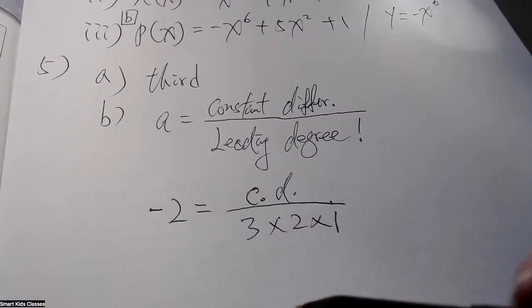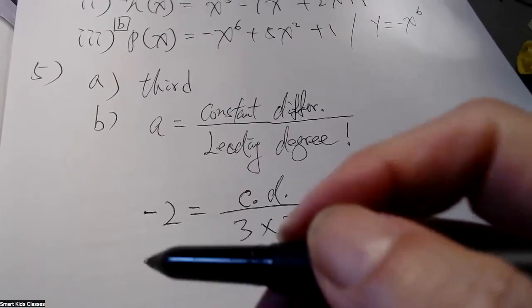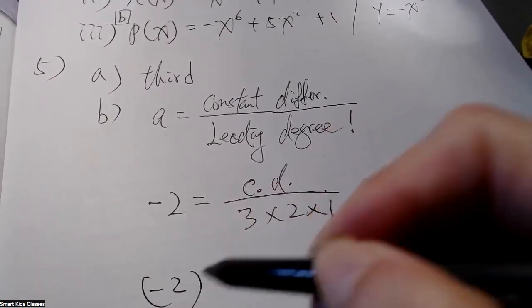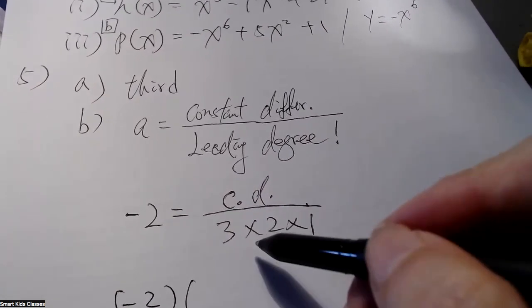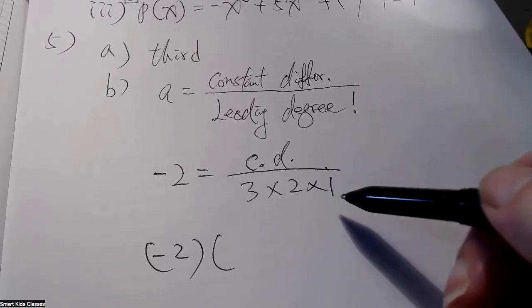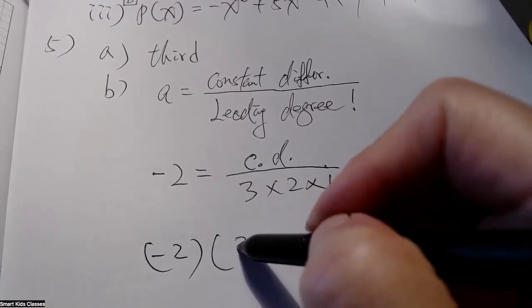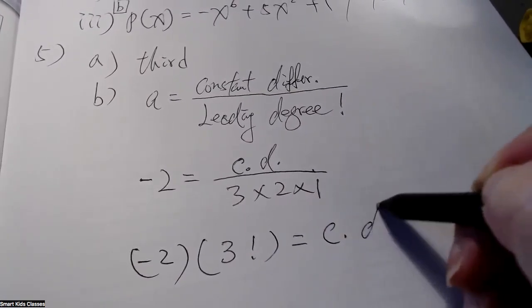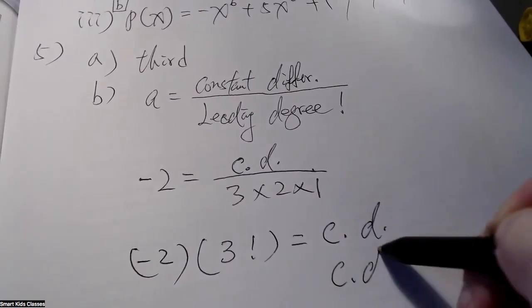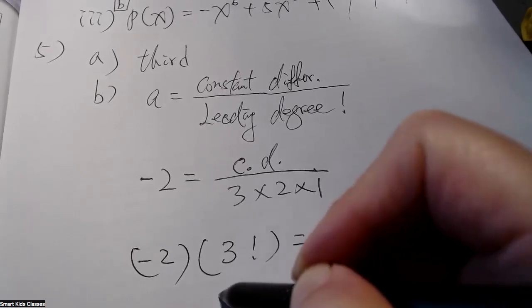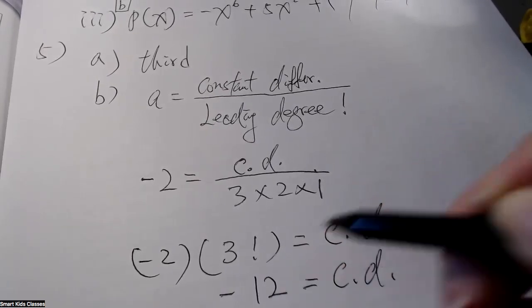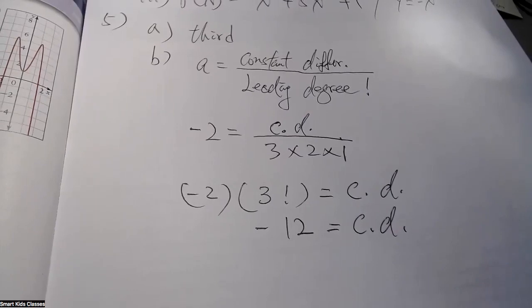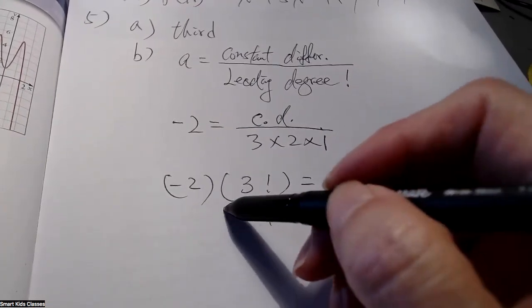So now we're going to solve for CD. CD is negative 2 times the 3 factorial, so CD is equal to negative 12. So that's question B.